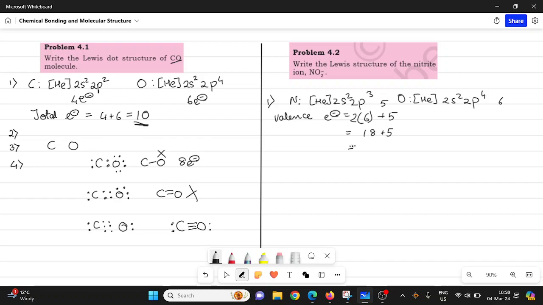I just noticed that it's given differently in your textbooks. 6 twos are 12, sorry, plus 5.